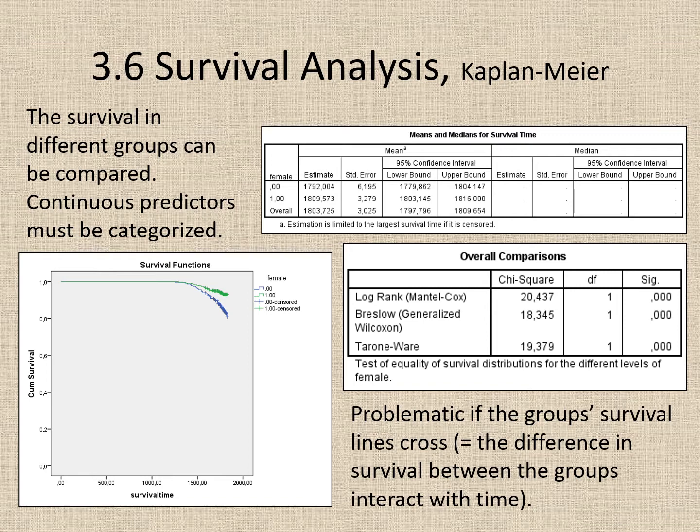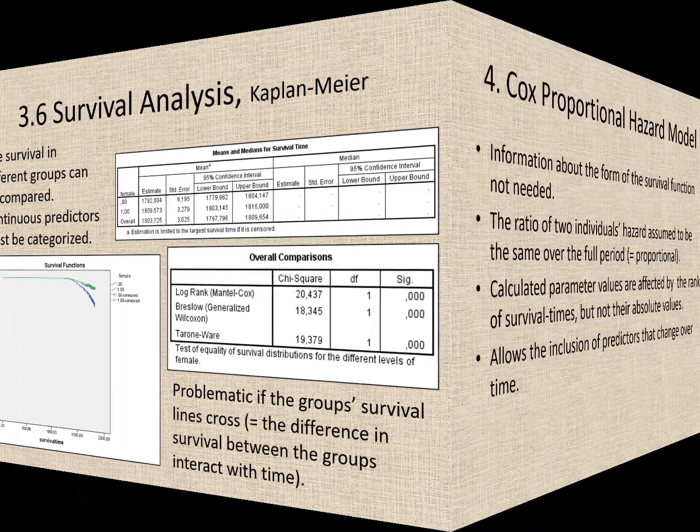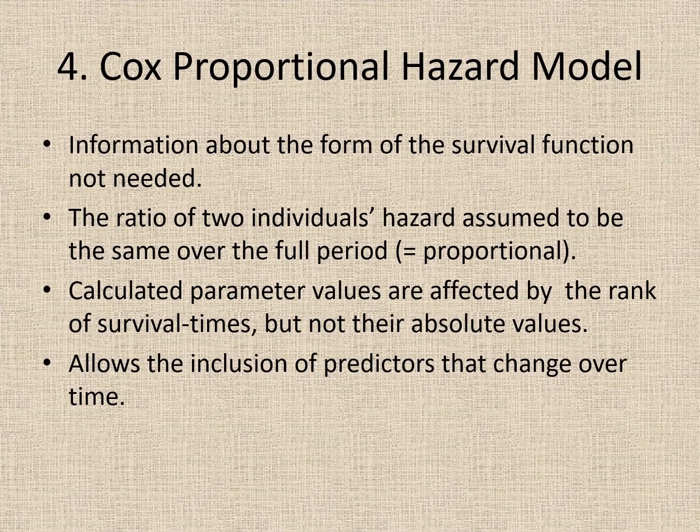So if we compare the hazard of death between men and women, for instance, we assume that the ratio of that hazard is the same over the full time period. That would mean the survival curves are parallel during the time period, for instance, that they don't cross each other.